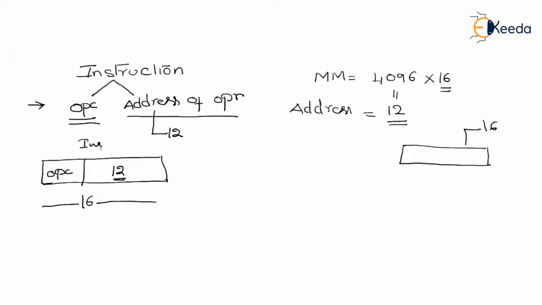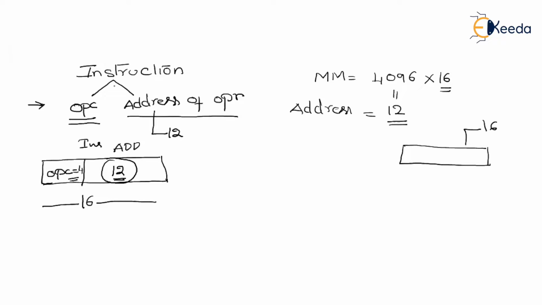The address field should be equal to 12 digits because one memory address is equal to 12 digits. So 16 minus 12 will be equal to 4. So the opcode field is equal to 4 bits and the address field is equal to 12 digits.